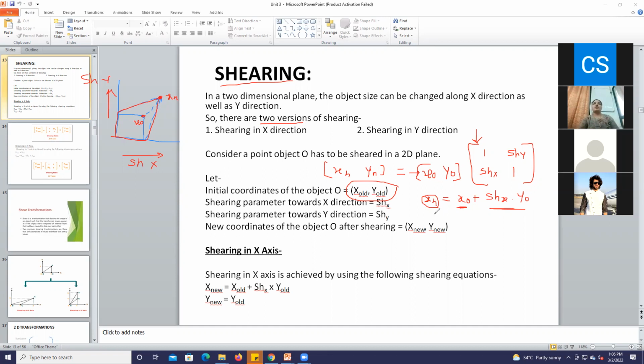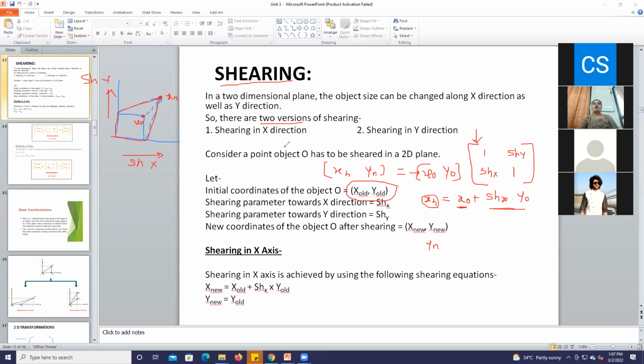What happens with yn? Here we are considering the shearing in x direction only, because already we have studied that there are two versions of shearing, either along x direction or along y direction.